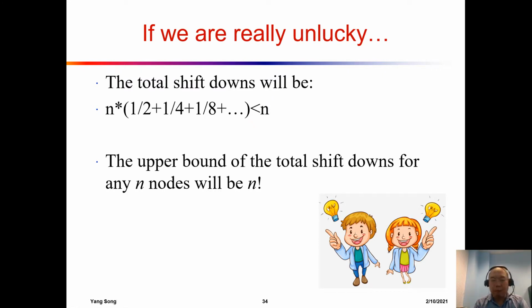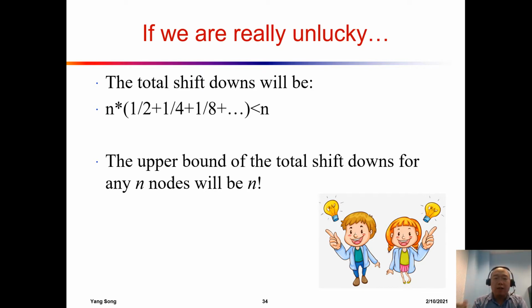What does that mean? This means there are a total of up to n shift downs, or up to n recursive heapify calls to do. And for each of the heapify, that takes constant time to move down.